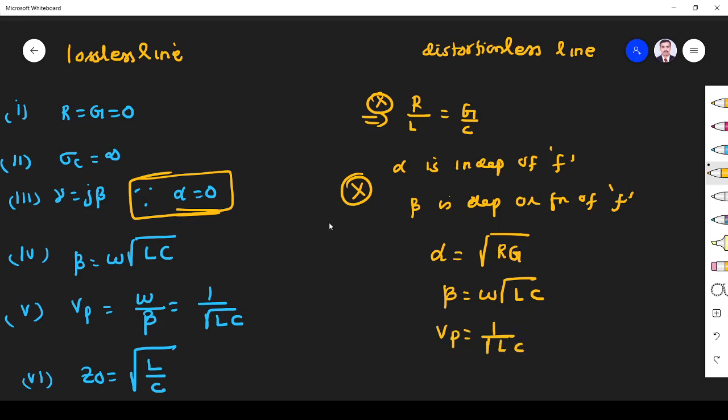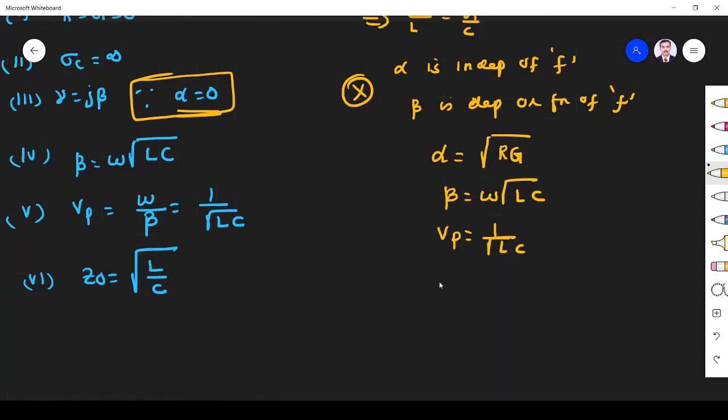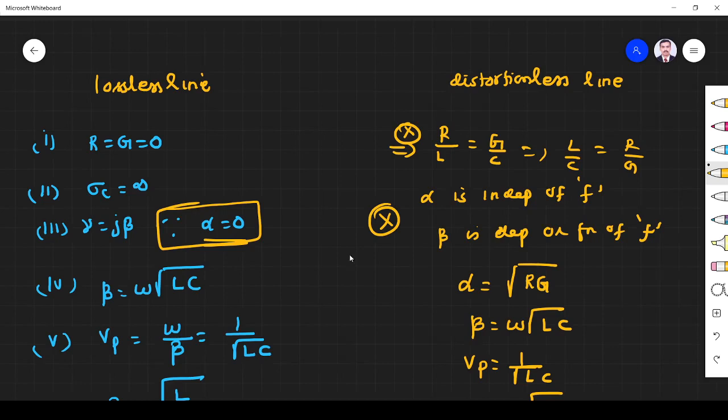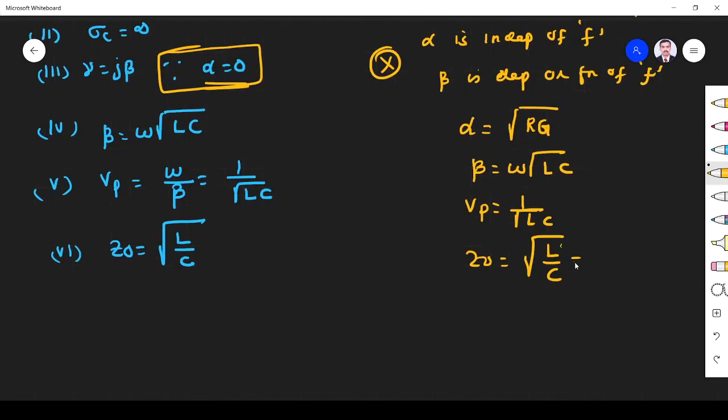And Z0 is also root of L by C. So you see root of L by C, from here this implies L by C is equal to R by G. So Z0 is equal to root of R by G. This question they have asked one time, right? Instead of giving Z0 is equal to root of L by C, they have given Z0 is equal to R by G for a distortionless line in the option.